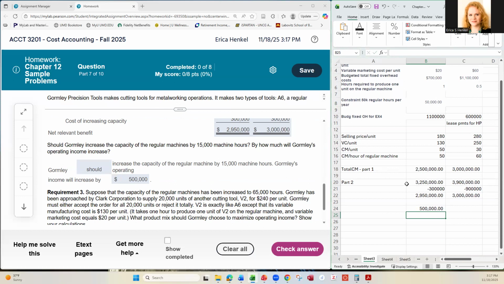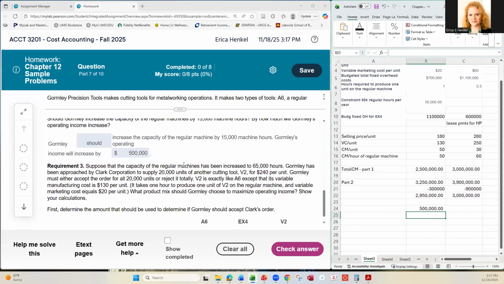All right, now looking at part 3, suppose that the capacity of the regular machines has been increased to 65,000 hours, and they've been approached by Clark Corporation to supply 20,000 units of another tool for $240 per unit. So we're going to take this.